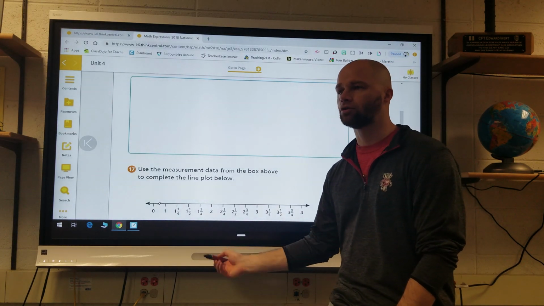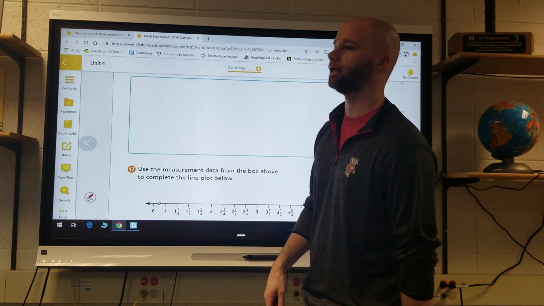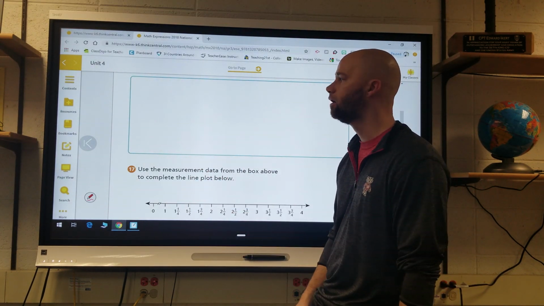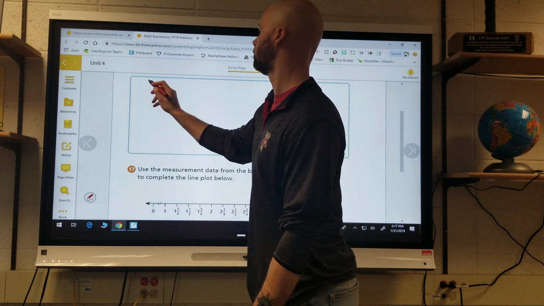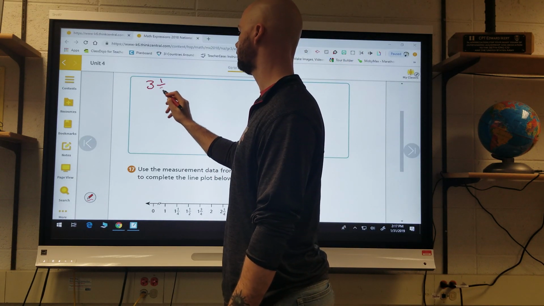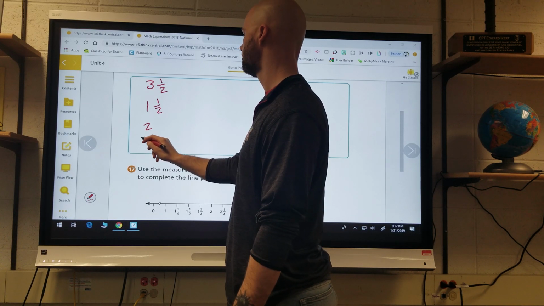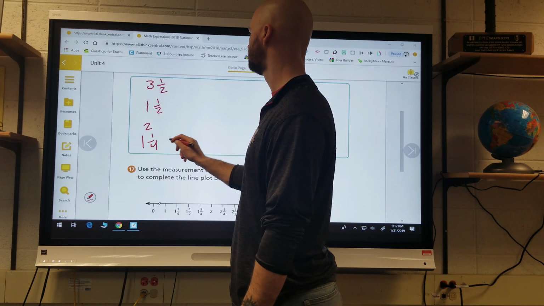So for example, we're measuring just lines of yarn or maybe strings that we put out there. And I'm going to measure those. So my first one I measured 3.5, second one 1.5, then 2, and 1 1/4.